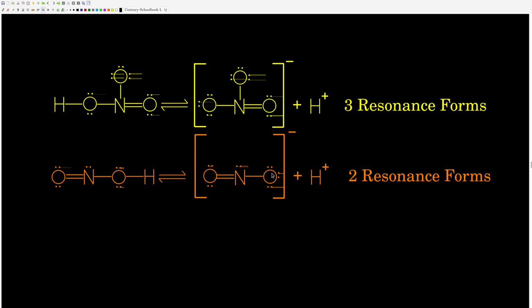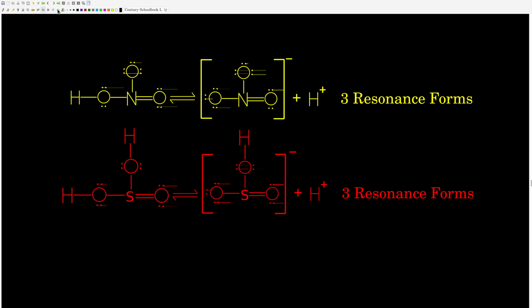It only has 2 oxygen atoms, 2 resonance forms, so that negative charge is only spread out over 2 oxygens, not as delocalized as nitrate. So nitrate is more stable than nitrite, meaning nitric acid is a stronger acid because it's easier to form the more stable conjugate base.